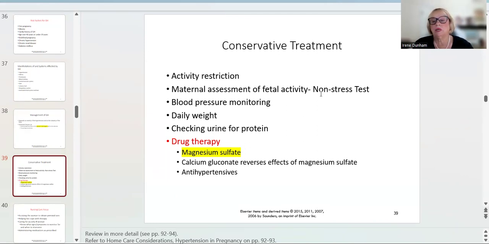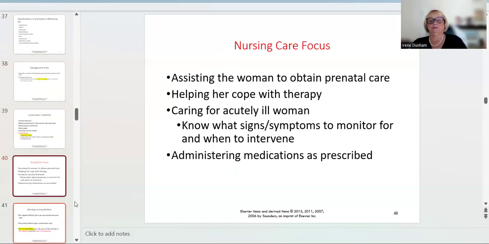You do that by doing a non-stress test, where I'm looking at fetal accelerations with fetal movement. Always monitor blood pressure. You're going to do daily weights in the morning and checking the urine for protein. And yes, you're going to check quite often to make sure, because at any time your kidneys can stop functioning. So you're going to have kidney function tests also.